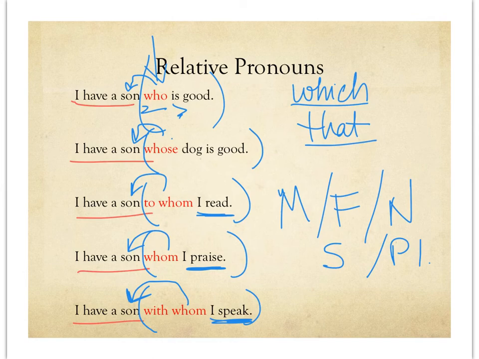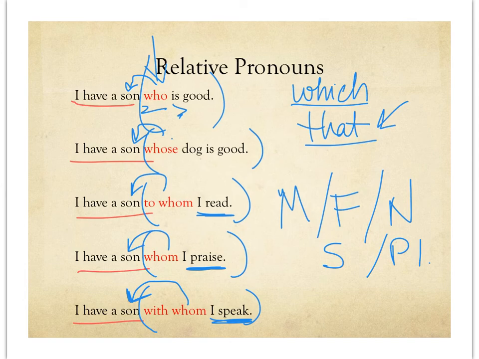We have who for the nominative, whose for the genitive, and whom, to whom or with whom for the objective case, and the same is going to be true in Latin. And of course, for neuter things, instead of saying who, whose, to whom, etc., we'll say which, of which, to which, etc., or sometimes we'll just say, often for the nominative or accusative, that.